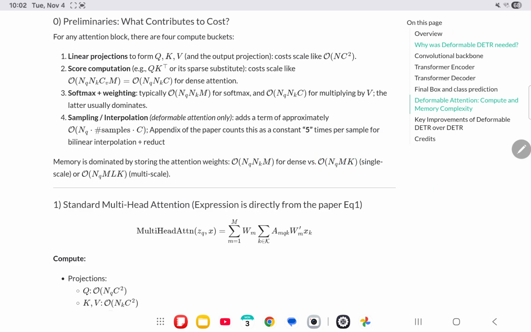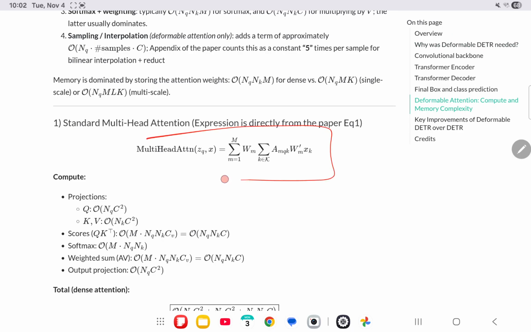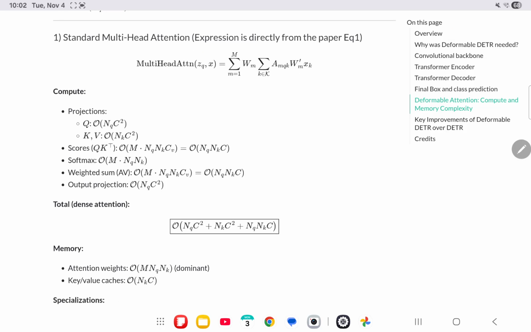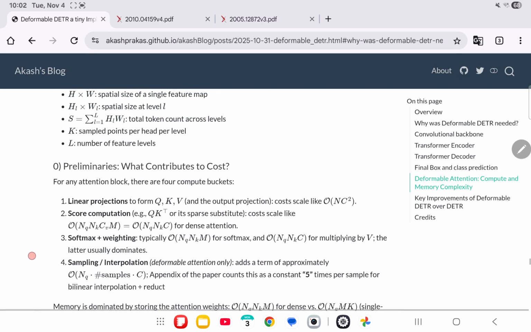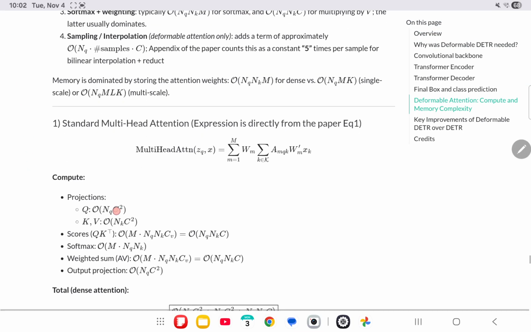So let's see how. This equation is for the standard attention, directly from the paper. This is the attention weight, this is the value projection, this is the final output projection, and this is the query projection. From the top we know the query projection will be N C squared, and the same for N_k, and so on.